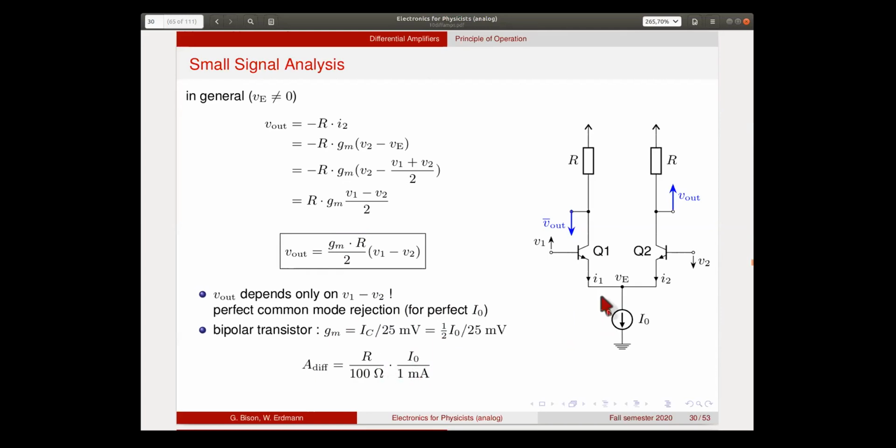So if you had an amplifier which has 100 ohm collector load resistors and 1 milliamp of current, you would have a gain of 1, but you can easily turn this into a kilo ohm and then go to 10 milliamps, then you already have a voltage gain of 100. So this is a good way to produce significant voltage gain.